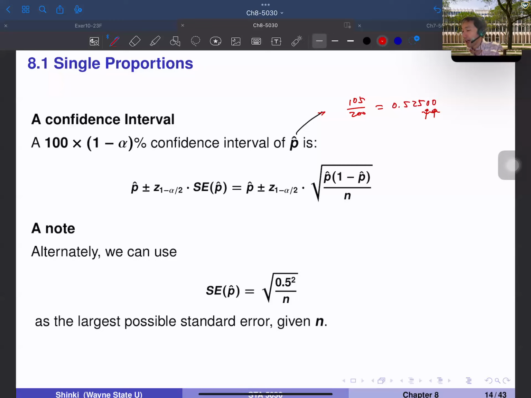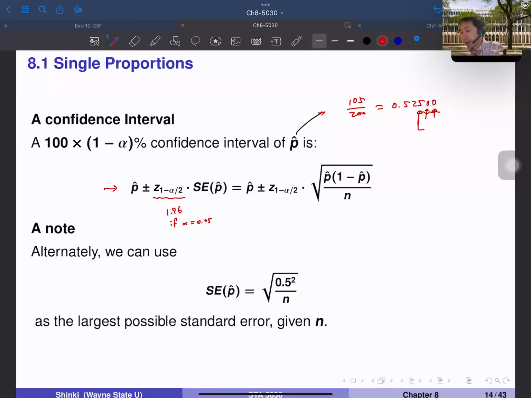But how reliable is this number, does this 5 really make sense, or is it not that accurate? We can claim that p hat plus minus this quantile, 1.96 if alpha is 5%, times the standard error of p hat is the 95% confidence interval.